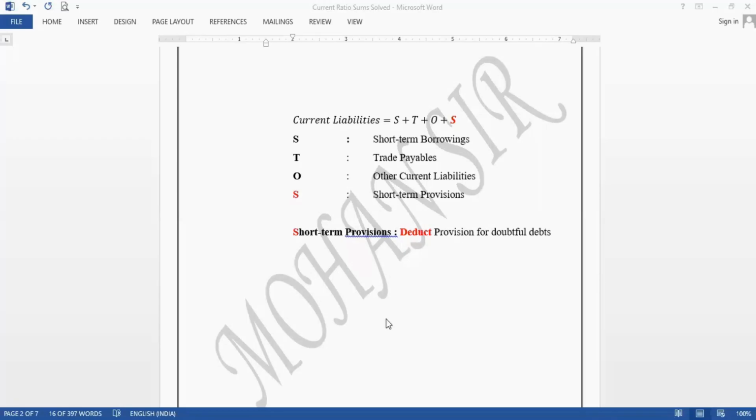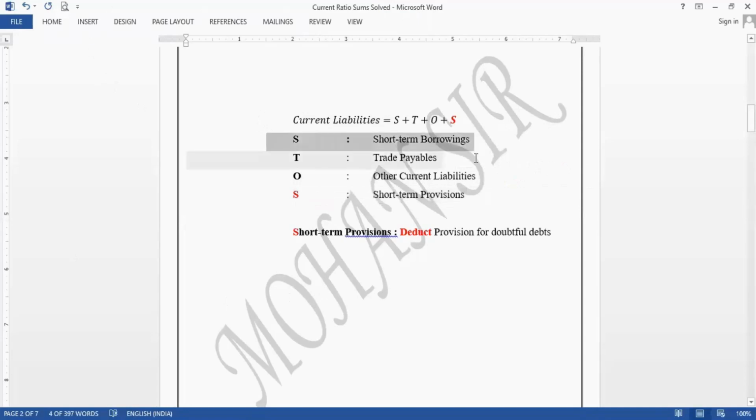Now let us see the contents of current liabilities. We can see that current liabilities is equal to STOS, right? These are the 4 subheads of current liabilities. S, short-term borrowings, T, trade payables, O, other current liabilities, and S, short-term provisions.